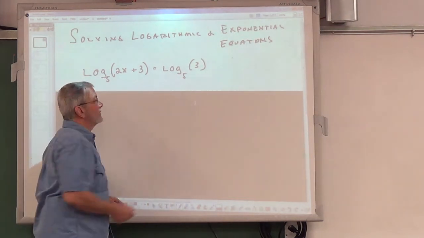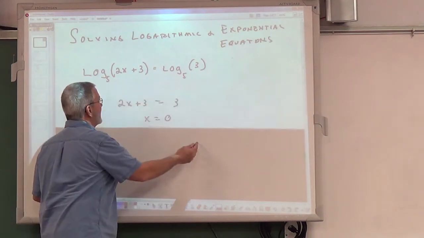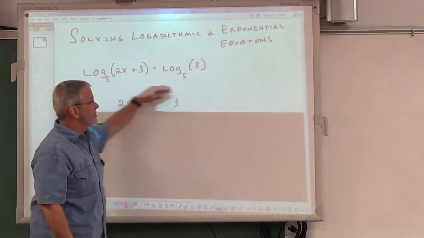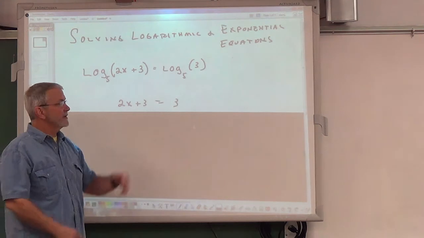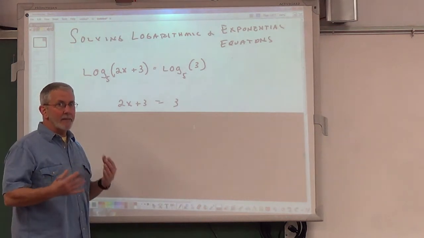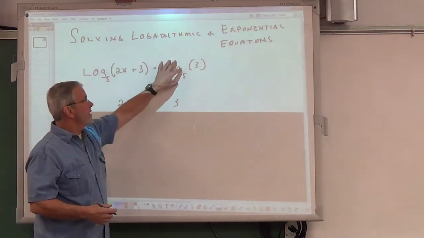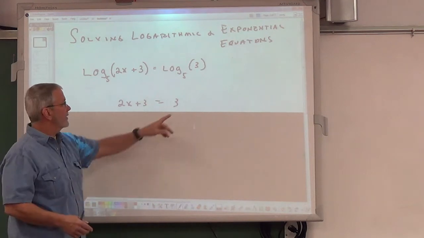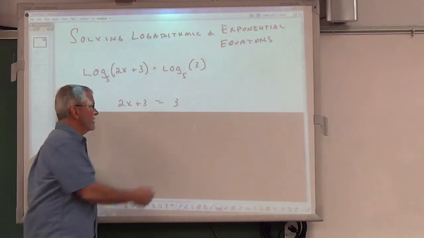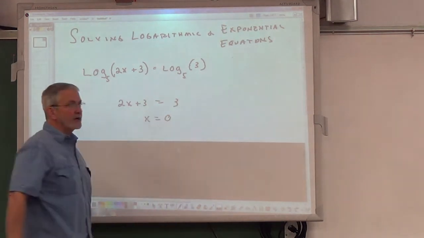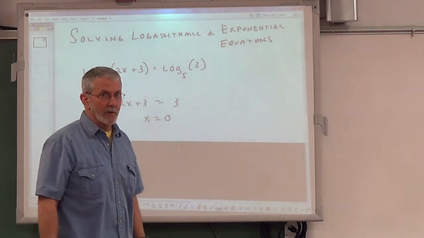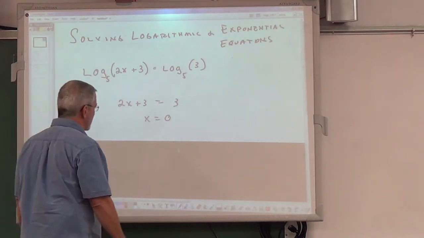Therefore, this equation implies that 2x plus 3 is equal to 3. If the outputs are equal, you must have the same input. Therefore, 3 has to equal 2x plus 3. Simple little algebra 1 equation, or pre-algebra equation, if you will. x is equal to 0.